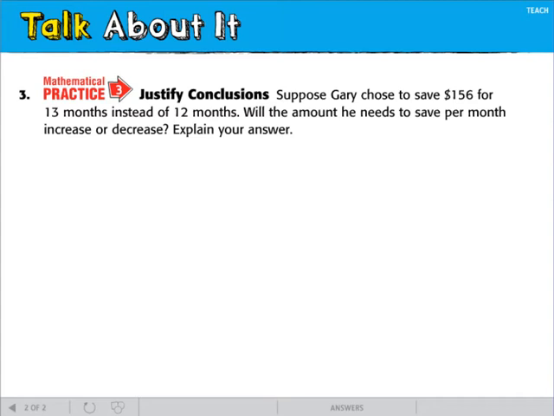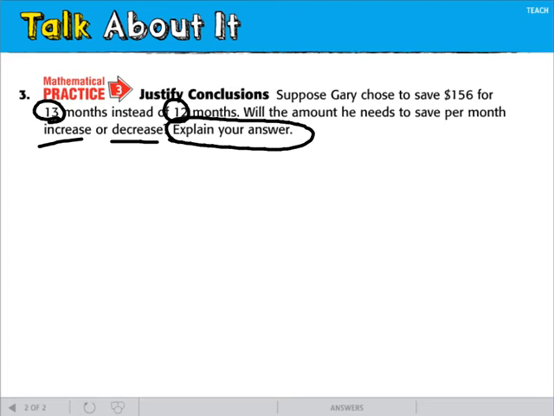It's the only way that you can end up with more money. Now, they're going to ask us, suppose Gary chose to save $156 for 13 months instead of 12 months. Now, what's going to happen to the amount that he's going to save per month? Is this going to increase or decrease?